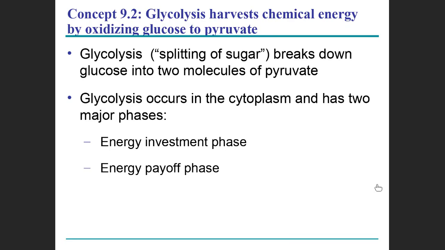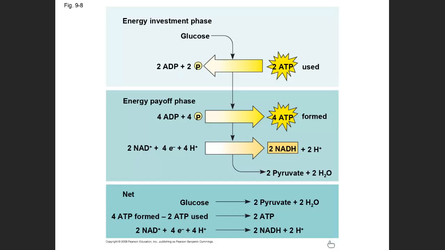And then you have an energy payoff phase, so you will make more ATP than you invested. So ATP is used to start the process of glycolysis.